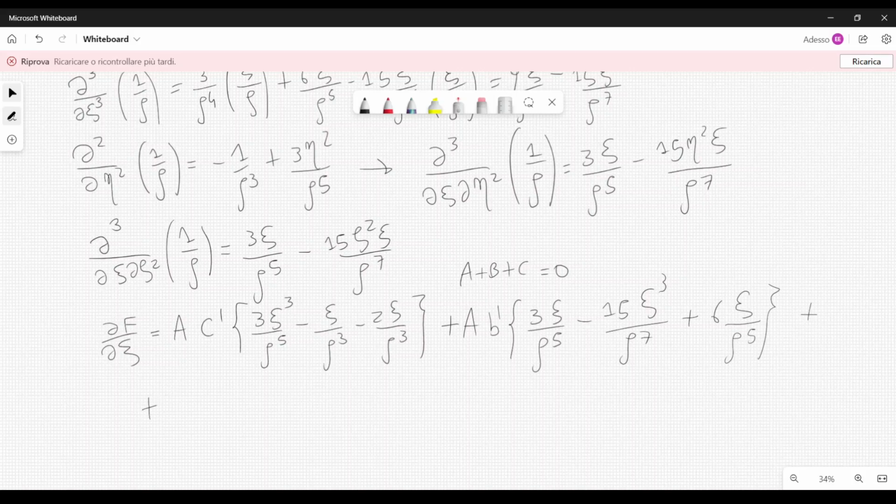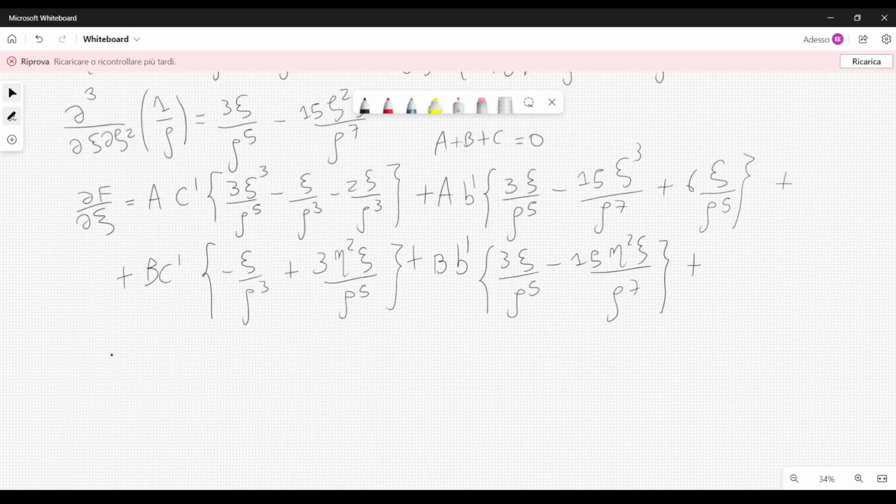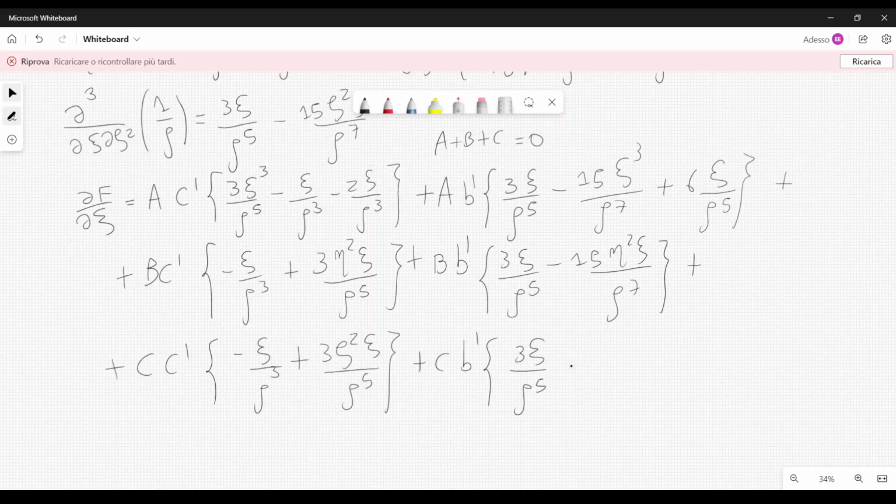Then you get plus b c prime, minus xi over rho cubed plus 3 eta squared xi over rho to the 5th power, plus b prime, 3 xi over rho to the 5th minus 15 eta squared xi over rho to the 7th power, plus c prime, minus xi over rho to the 3rd power plus 3 zeta squared xi over rho to the 5th power, plus c b prime, 3 xi over rho to the 5th power minus 15 zeta squared xi over rho to the 7th power.